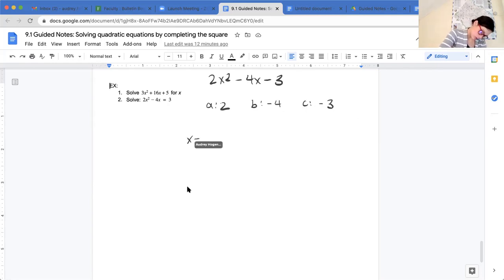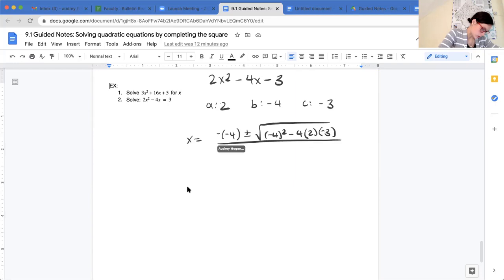So x is equal to negative 4 plus or minus the square root of b squared, which is negative 4 squared, minus 4 times 2 times negative 3, all over 2 times 2.